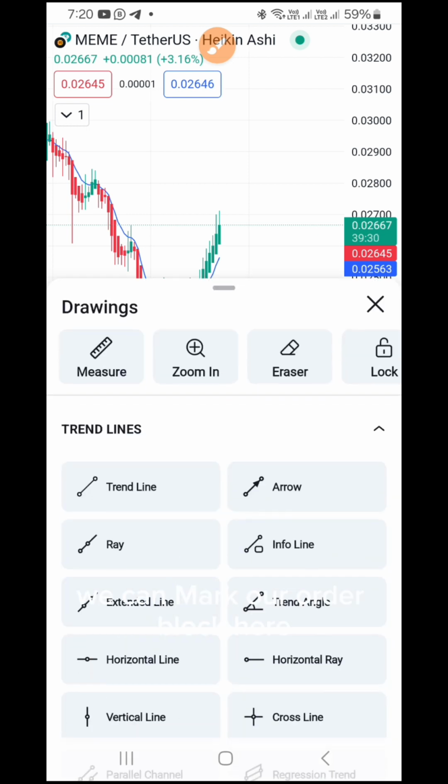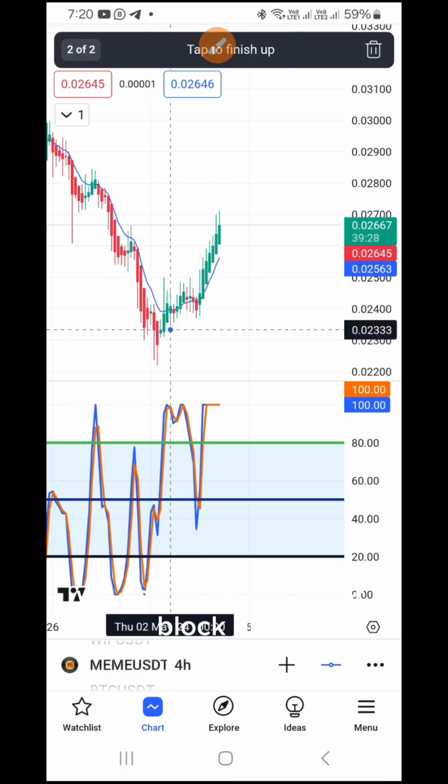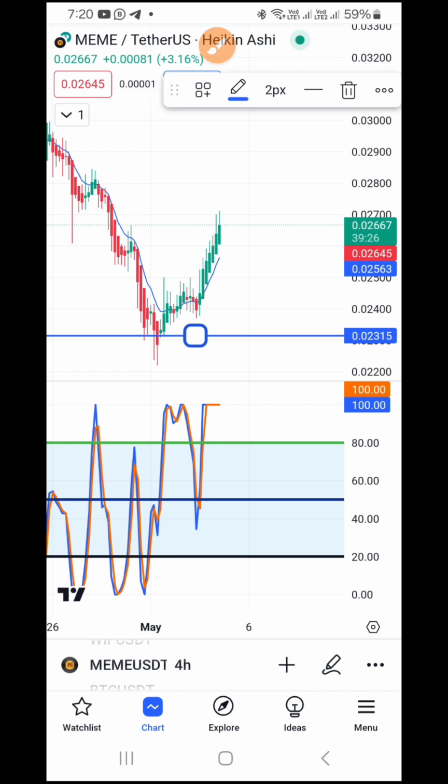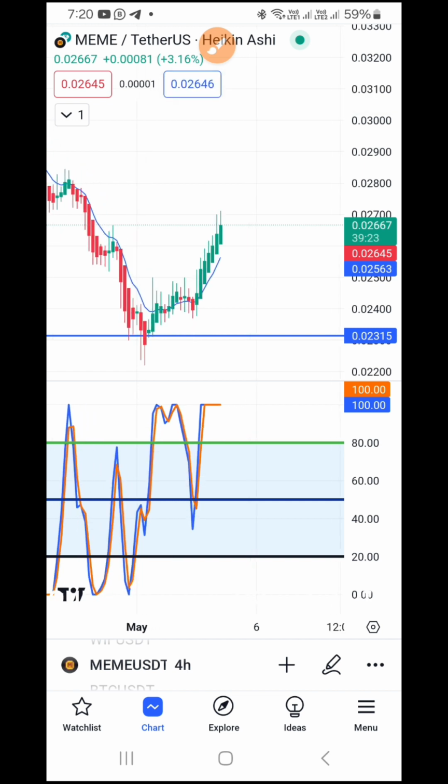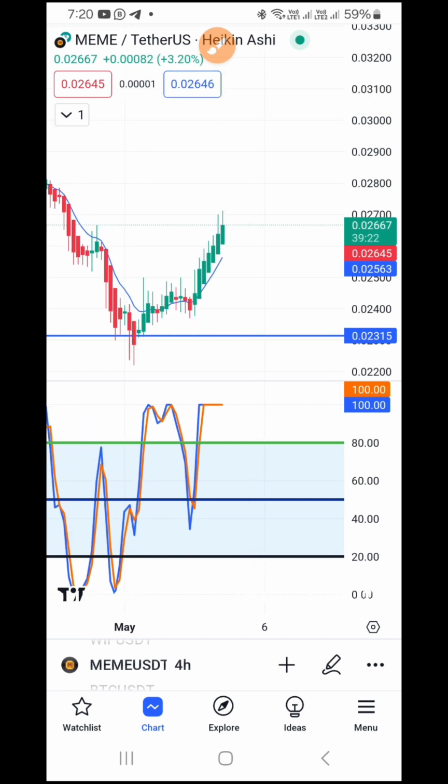Number 1, we can mark our order block here. Our coin is above the 50 EMA, and it's around plus 7, this Meme, so it is at least okay. Plus 6, it's okay, we can trade it now. So we're going to start our measurements.